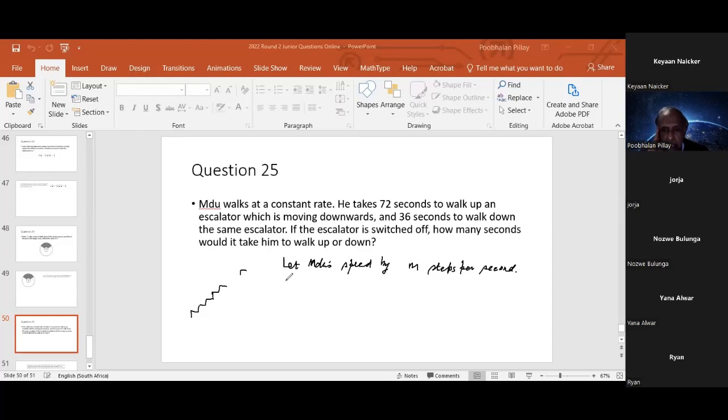So we will let the escalator speed, it's got its own speed, be, let's call it n steps per second. Okay, so we know one is m and the other is n. I need more space.